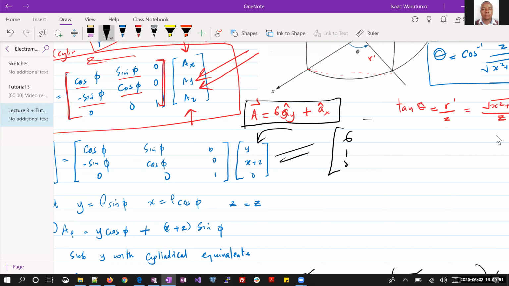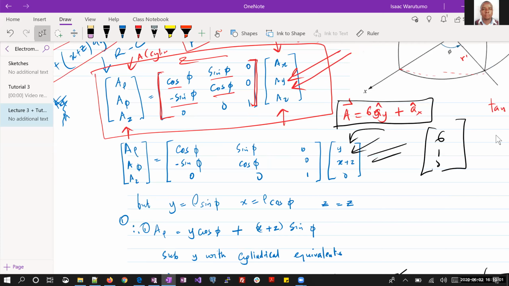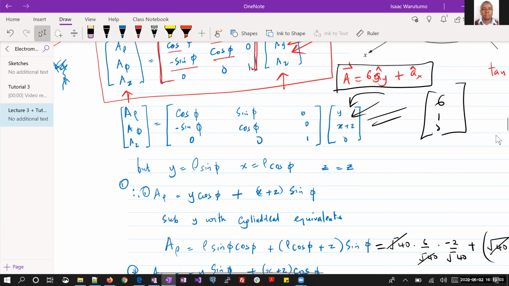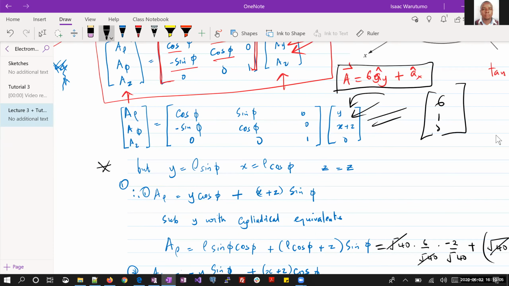So I'm just saying that you place it exactly the way you are told, the way it is represented by my vector A. But there is something tricky right here that you definitely need to be cautious about.